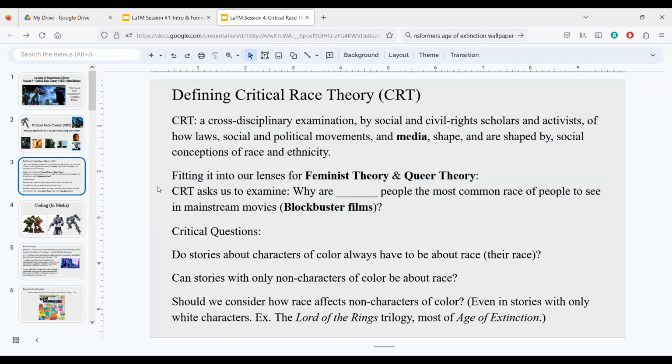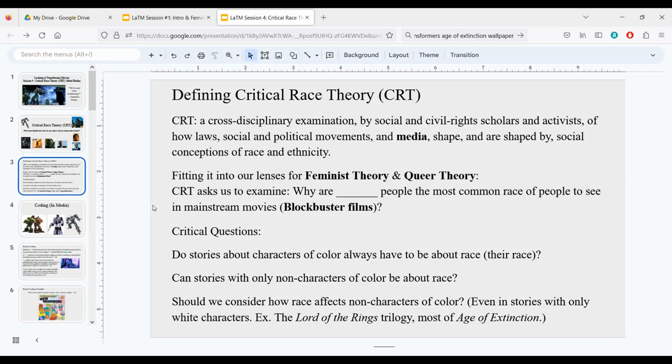Critical race theory asks us why are white people the most common race of people to see in mainstream movies? Yes, I thought that was more of the main idea behind critical race theory, but it actually does have some real world application outside of media and lit studies. So that was interesting to learn.